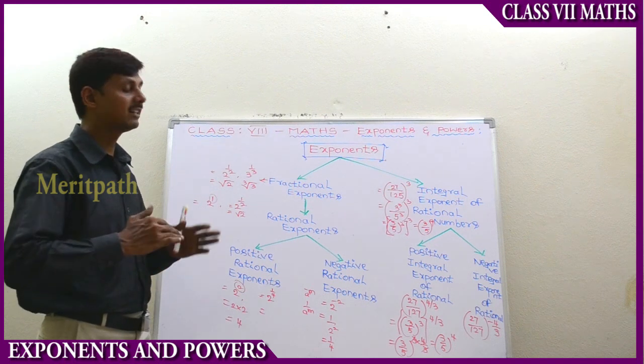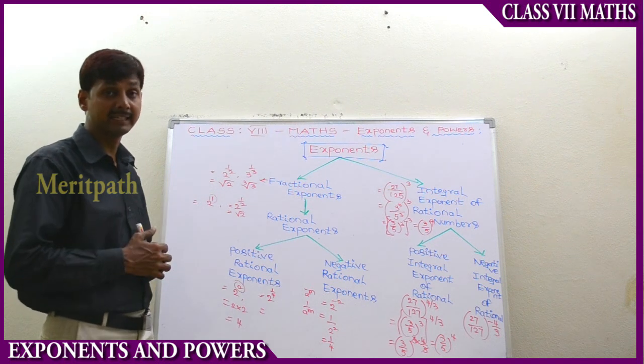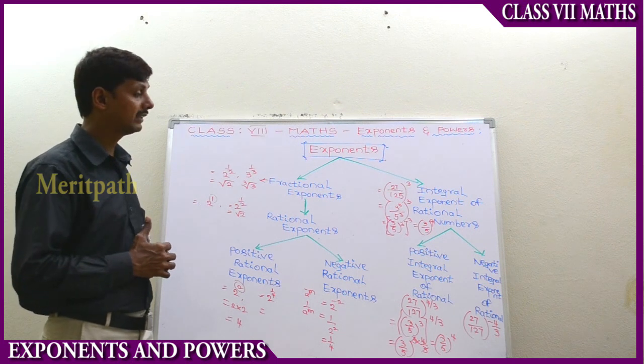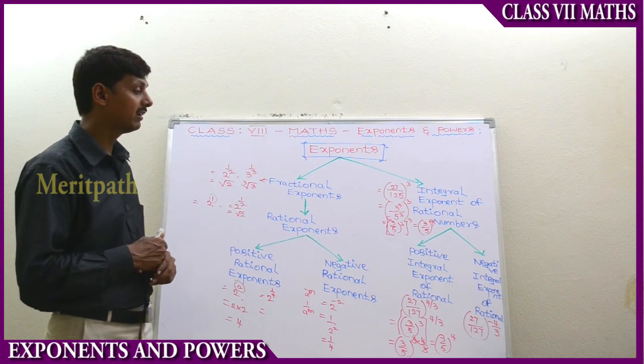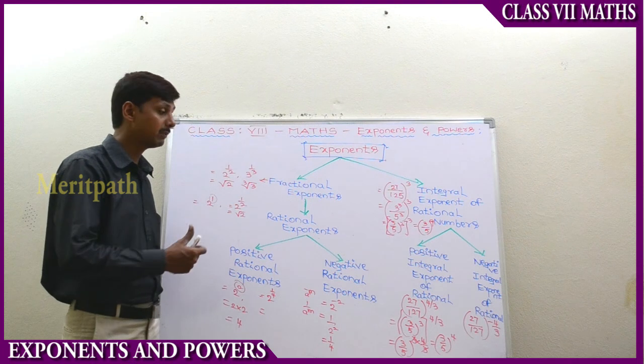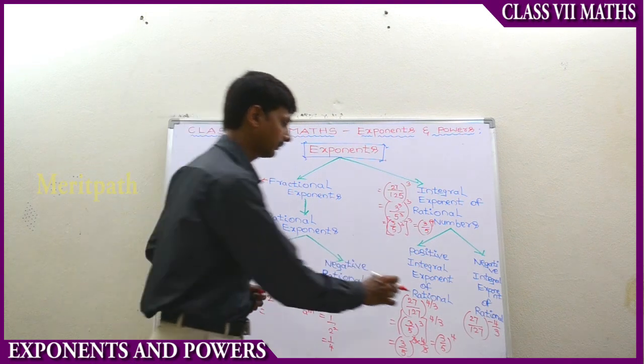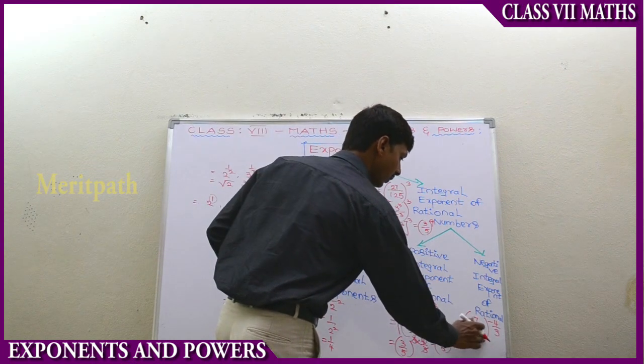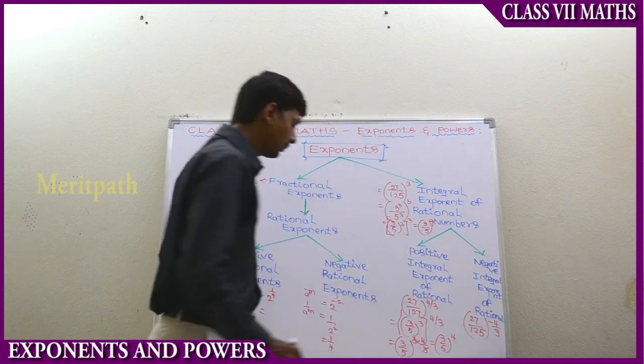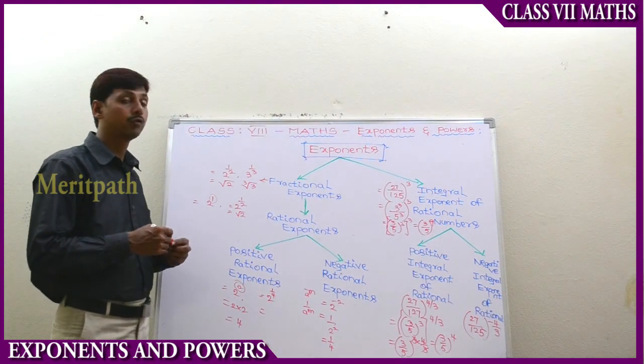Taking it into the numerator, it becomes 5 by 3 whole to the power of 4. In that manner we simplify 27 by 125 whole to the power of minus 4 by 3.